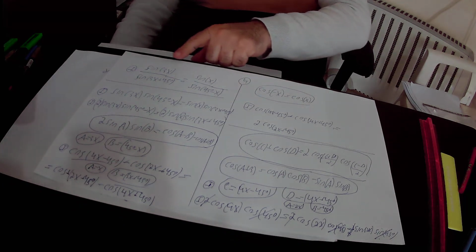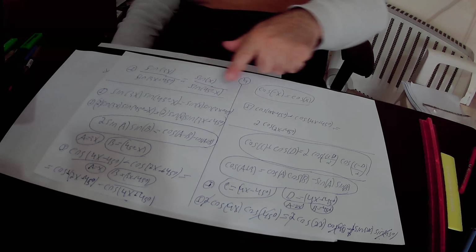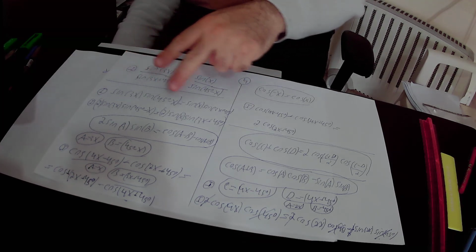Here we cross multiply the equation number 1, and we got this equation. Then we multiply the equation number 1 by 2, and we got these expressions.